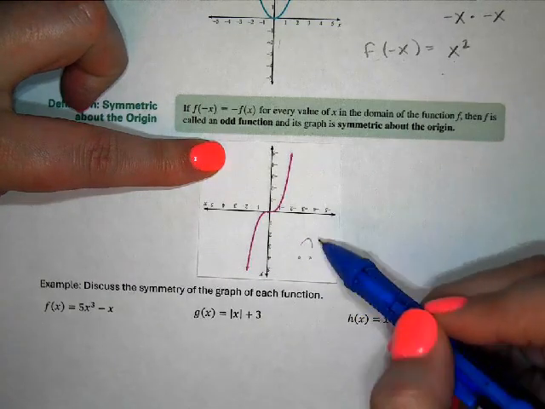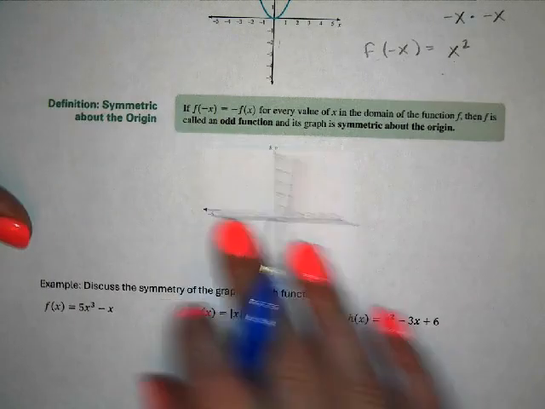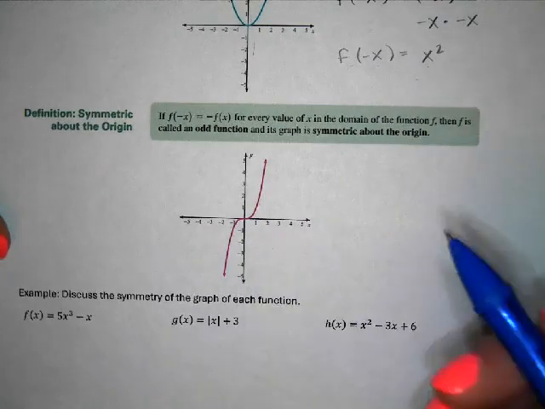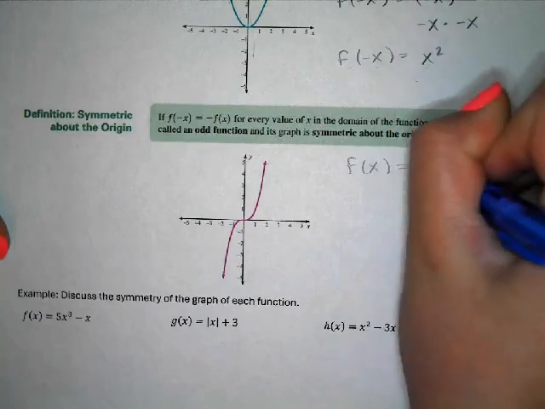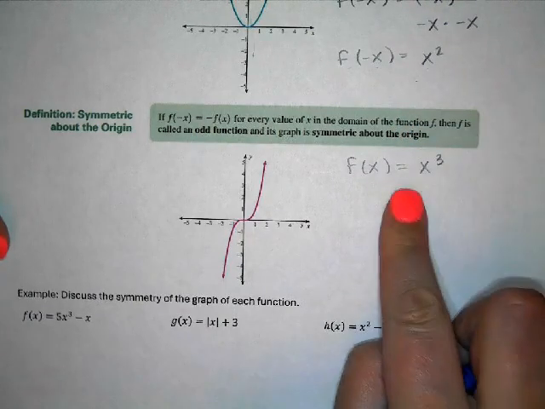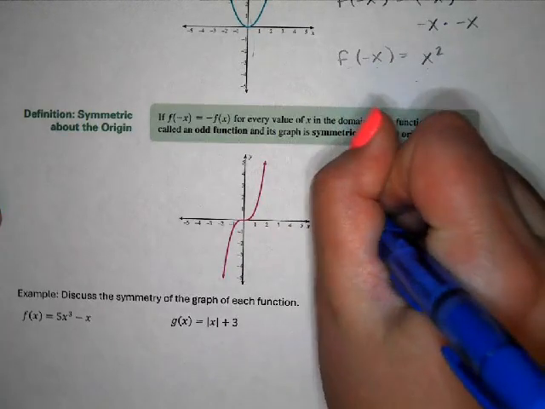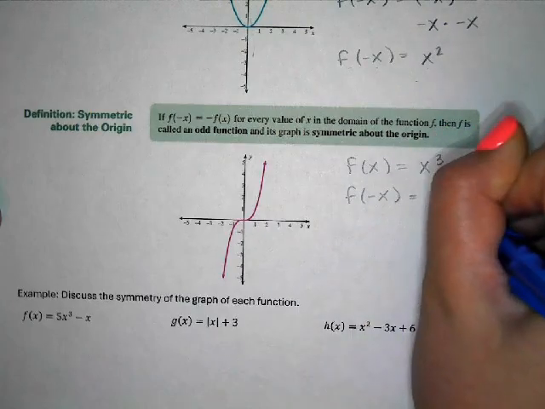If that's the symmetry that you have, then a function is odd. So if we have an odd function, f of x is x to the third, is the graph that we're looking at here, then the way that you can check algebraically to see if it's symmetric about the origin is you plug negative x in, and it's going to be different than what we saw before. What we saw before is you get the exact same function. Here you don't.